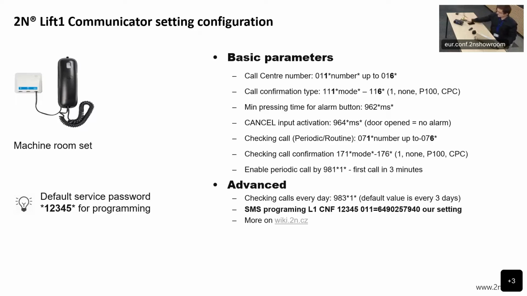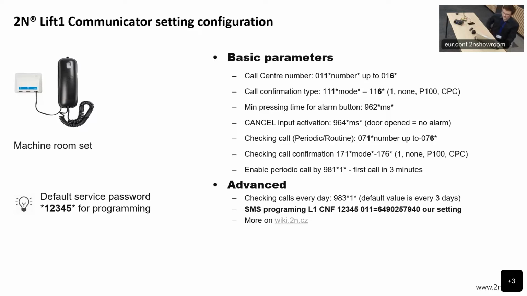How can it be configured? There are a few ways. One is that you connect a machine room unit, which is basically the phone in the machine room unit, so you can directly call to the cabin and program the unit. Or, the thing which I like on Easygate IP is that you can send a simple SMS and it will configure itself automatically.